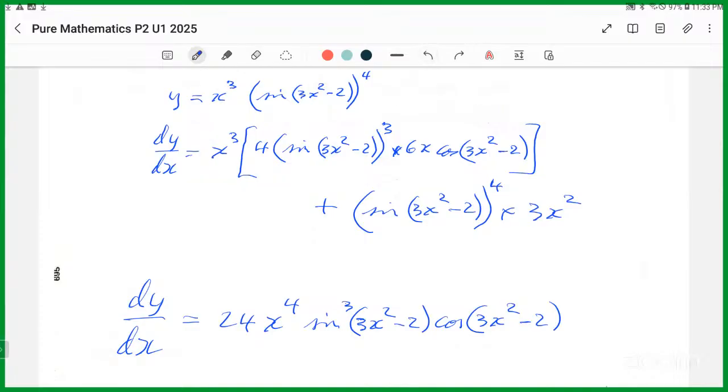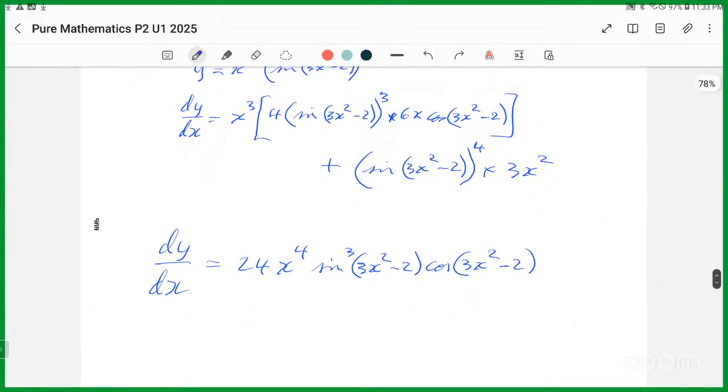And I'm adding this now. I'm going to put that second line, plus, becomes this times that. I put this power function back on here. So it becomes 3x squared times sine to the 4th power of 3x squared minus 2.